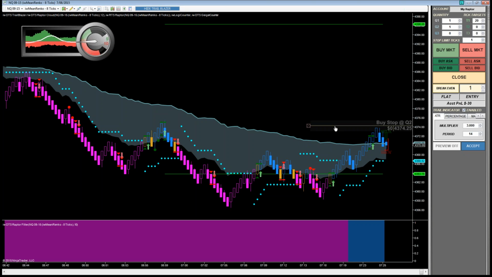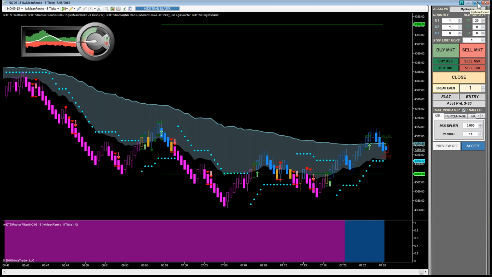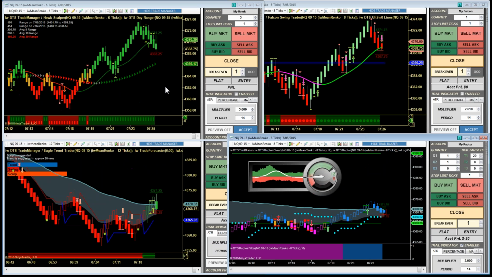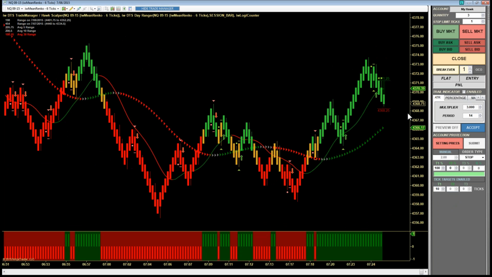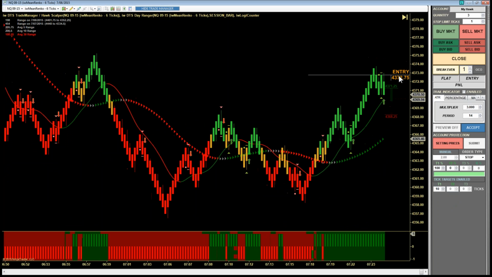Again, these orders are live the moment you put them on, and then you can drag them wherever you want them to be. But don't be that guy who thinks he's limiting risk because he's only trading 3 contracts and then places his stop really, really tight so that the trade doesn't even have a chance to work out.